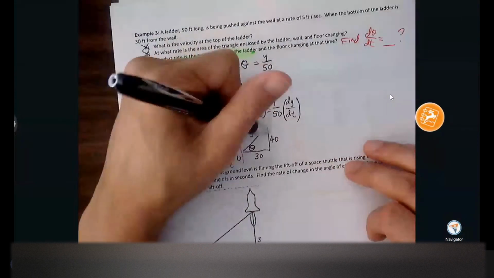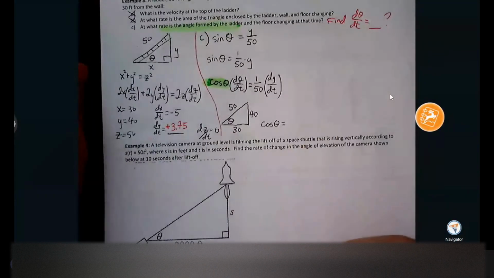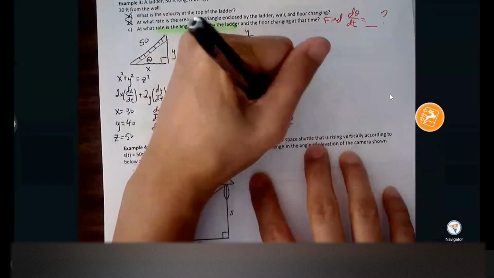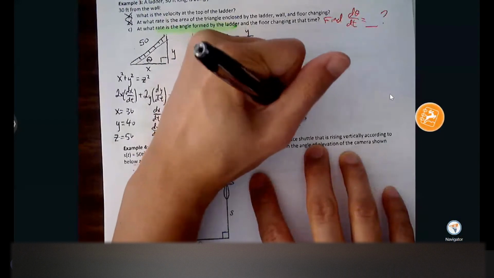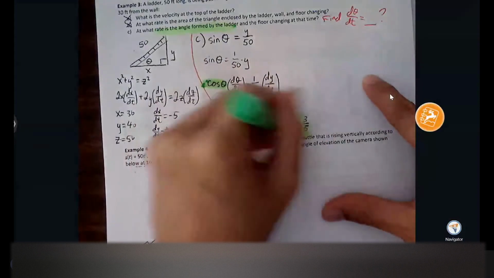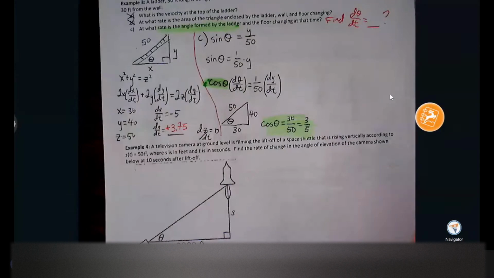All right, so based off of this information now, what is cosine of theta equal to? 30 over 50. Yeah, 30 over 50. I can reduce that, right? 3/5. So now we should be in the clear because now we have a numeric substitution for all these variables, and that gives us a clear path towards finding d theta/dt.